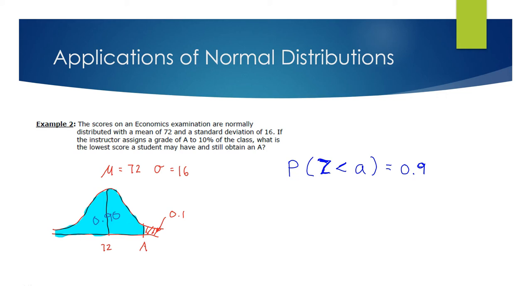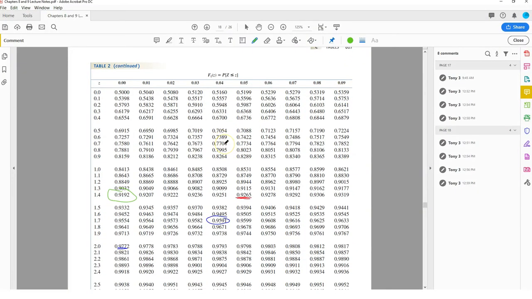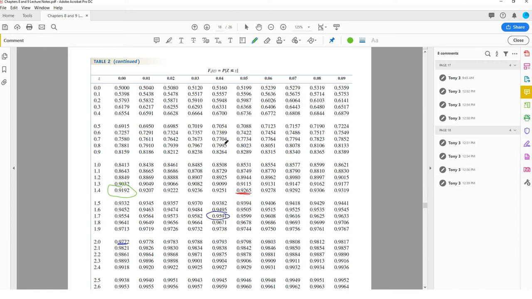So I've got to work my way backwards on the table. And since I know it's going to be above the average, I'm going to look in the positive table side. And what I'm looking for is to find a score that is closest to 0.9. So if I look down here, that's 0.9032, a little big.